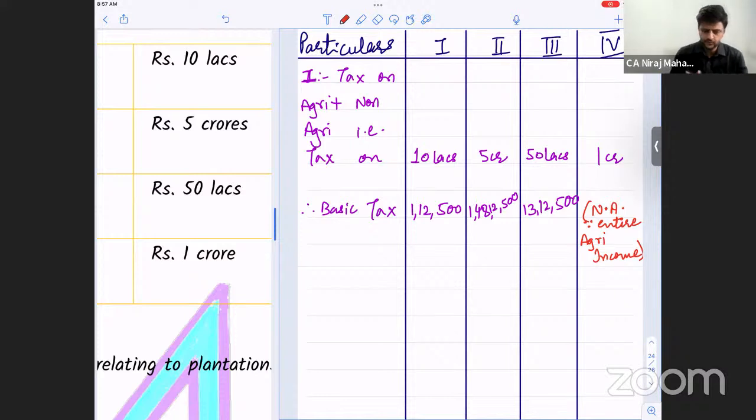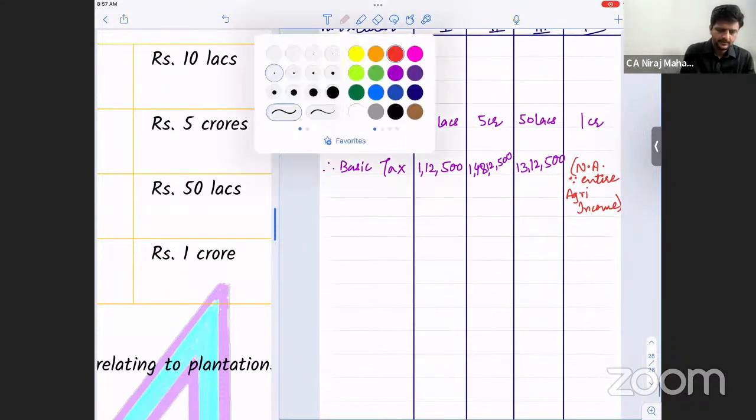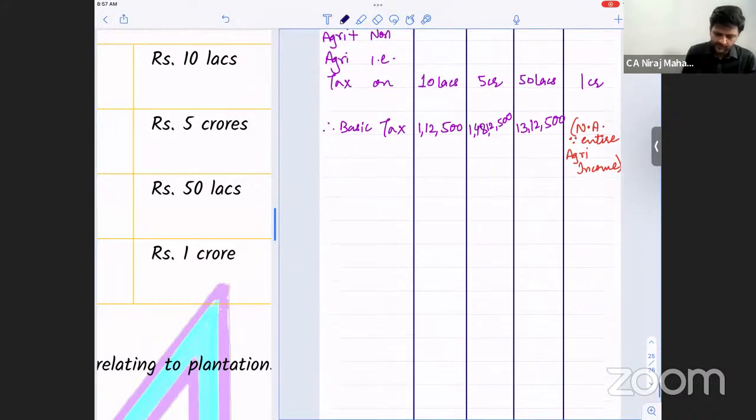So this is my first step, tax on total income. Now my second step is what? Tax on agri plus BEL. Agri is agricultural income. BEL is your basic exemption limit.